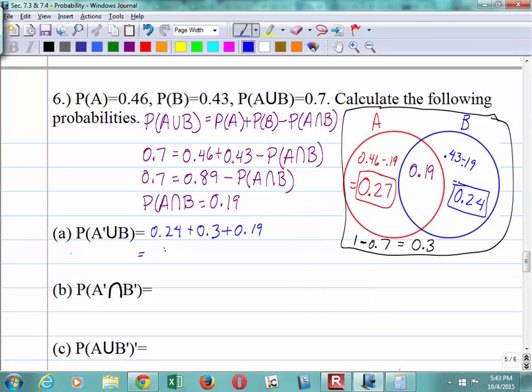So that's 0.73. And then A prime intersection with B prime. That's everything that's not in A, and it's also not in B. So that would only be the 0.3.